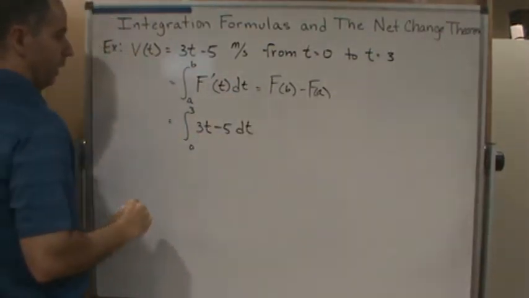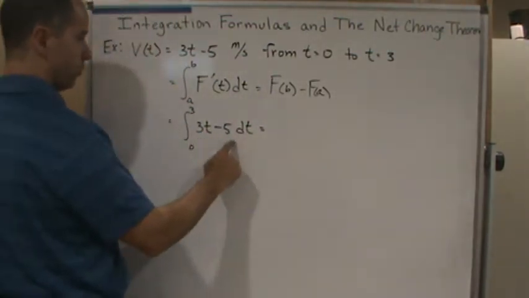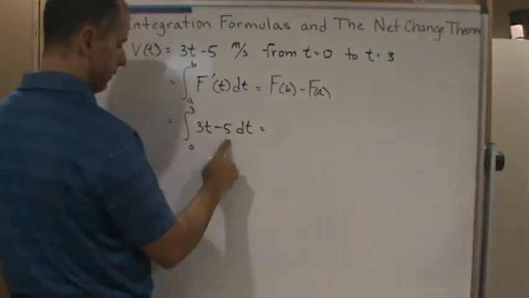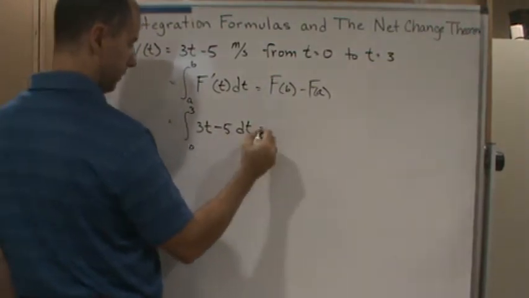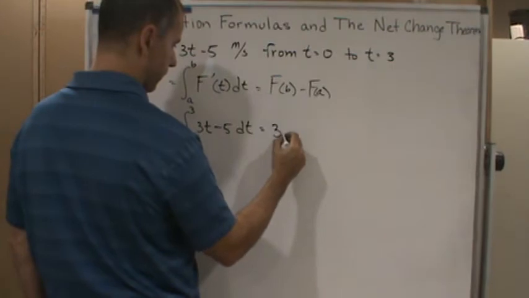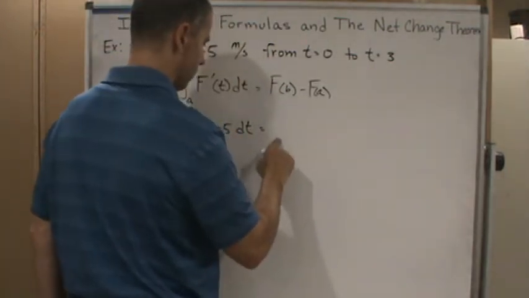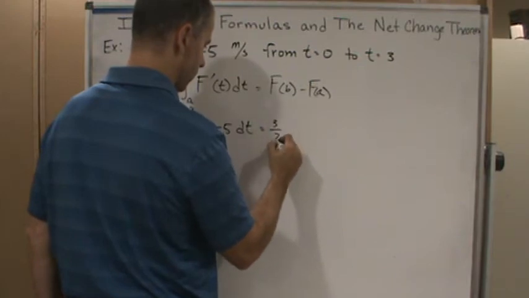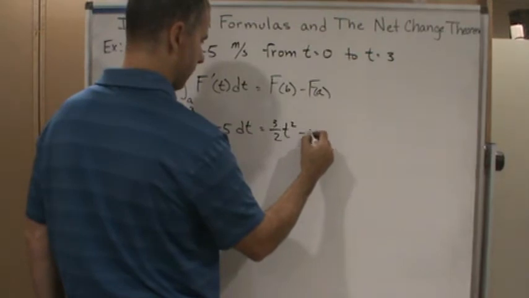Okay? And now that's going to equal, now what's the antiderivative? That's what we need here. So the antiderivative is 3/2 t squared minus 5t.